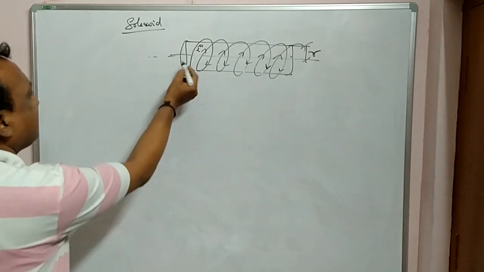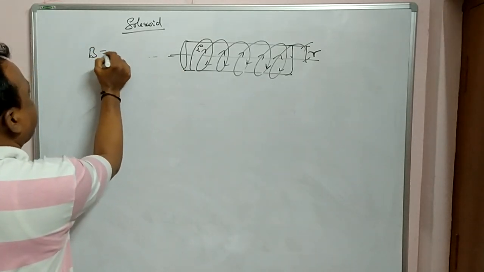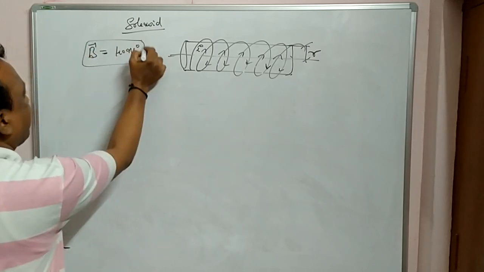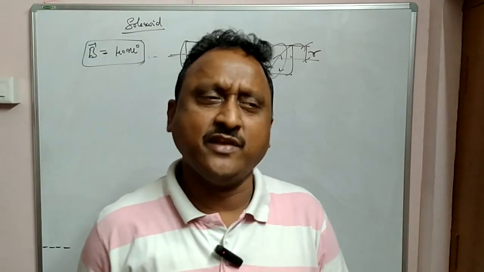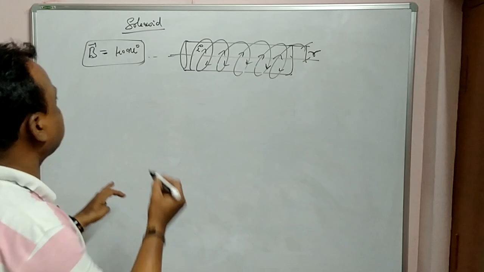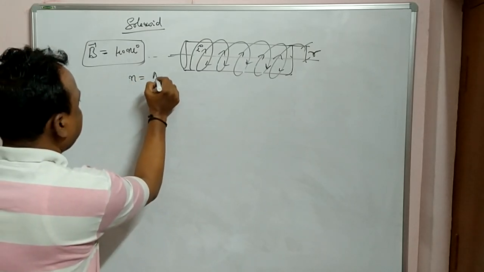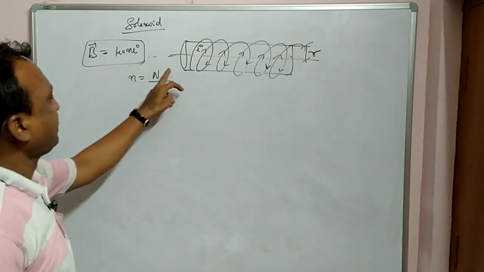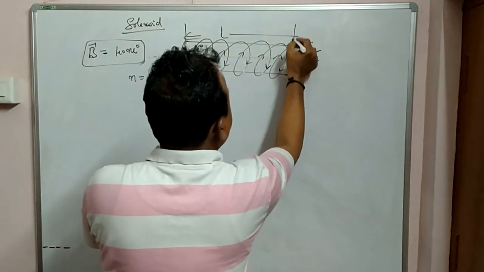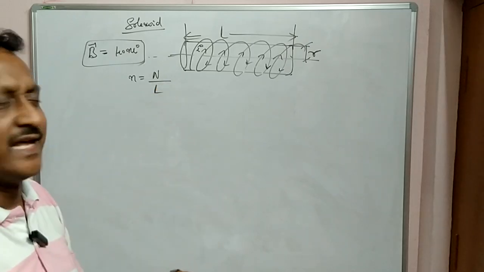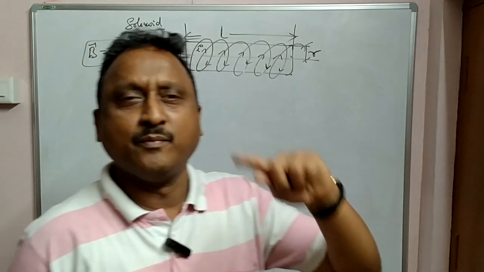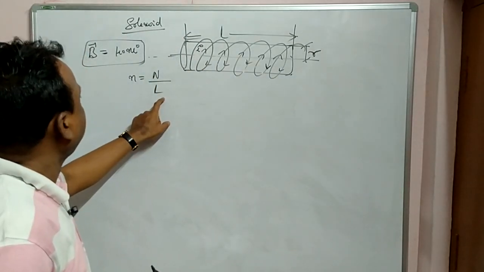Here in this case, the magnetic field induction is given by mu naught n I. Very important. Mu naught is the same constant, 4 pi into 10 to the power minus 7 henry per metre. Small n is the number of turns per unit length, n is equal to capital N by small l, where l is the length of the solenoid.